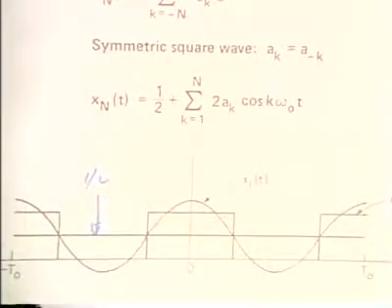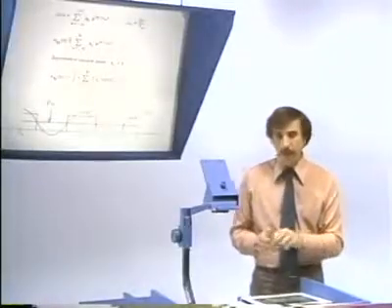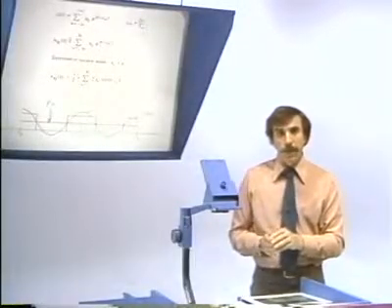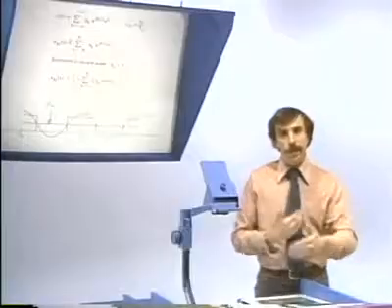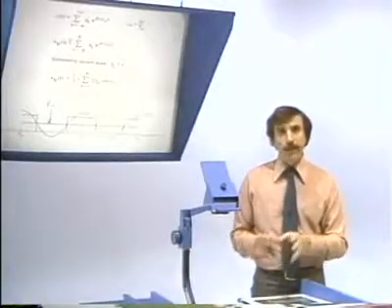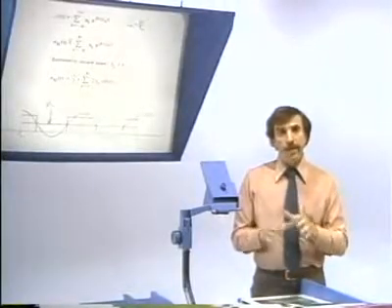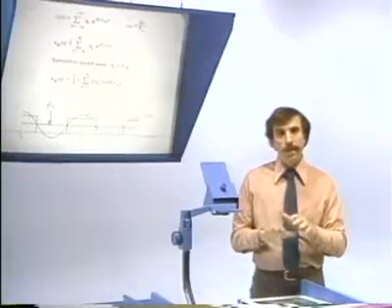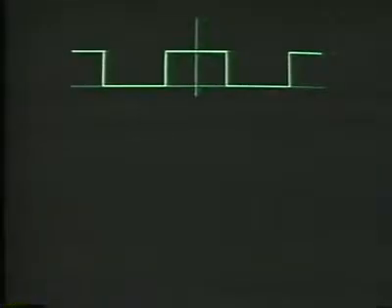So let's look at this example, and what I'd like to show is this example, but now as we add many more terms to it, and let's see, in fact, how these individual terms add up to build up the square wave. So this is the square wave that we want to build up through the Fourier series as a sum of sinusoids.